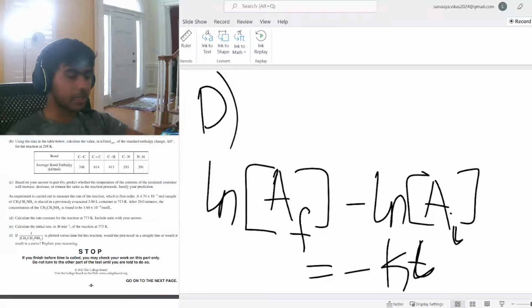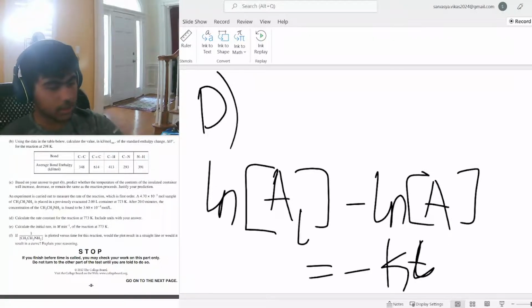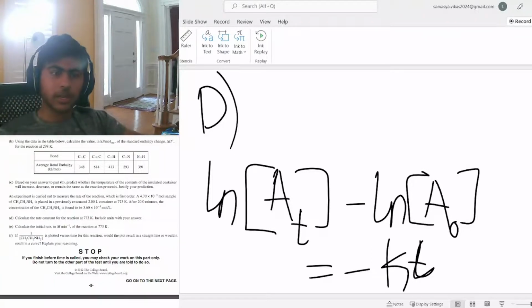Basically the time it takes to get from initial to final. So really, instead of final and initial, we could write it as T and 0. Now, how do we use this equation? Well, we know that we started at 4.7 times 10 to the negative 3, and we finished at 3.6 times 10 to the negative 4.